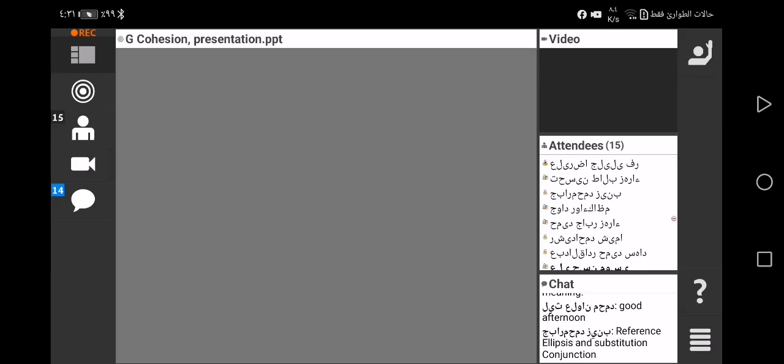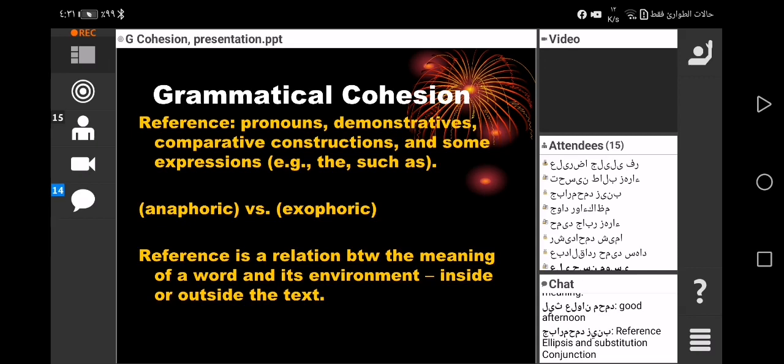References improve cohesion because when you have a referring expression, this referring expression refers to an expression that was earlier stated or that is to be stated in the coming discourse.